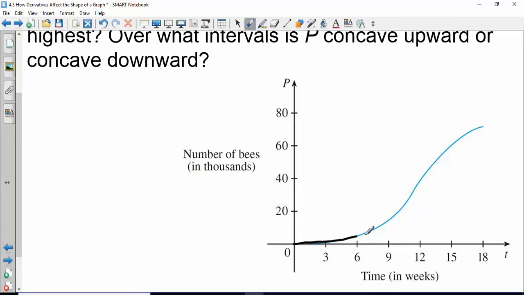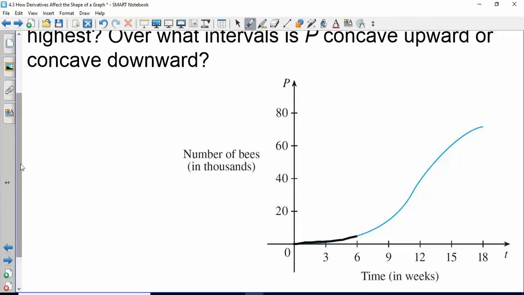What happens in the middle? Really sharp increase, and then kind of flattening out again. Still going up, so the population's increasing the whole time. But we can see it increases really quickly in the middle, and on the ends, not so much.